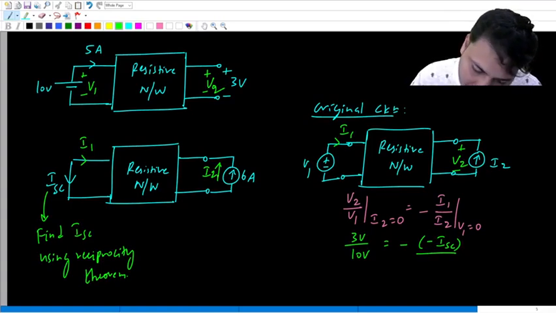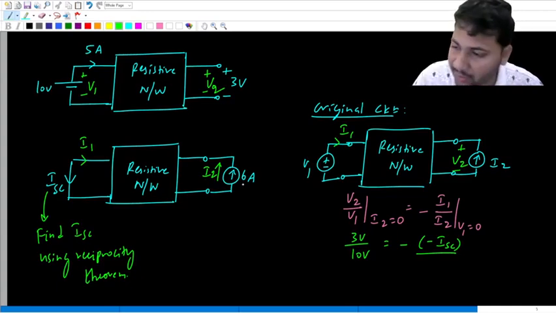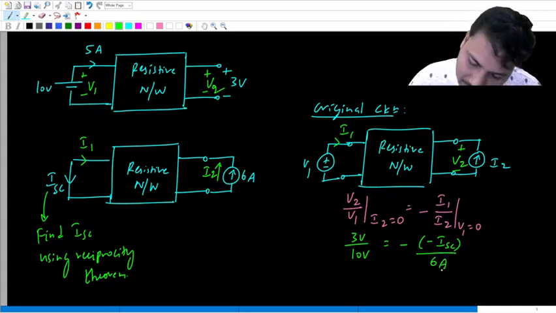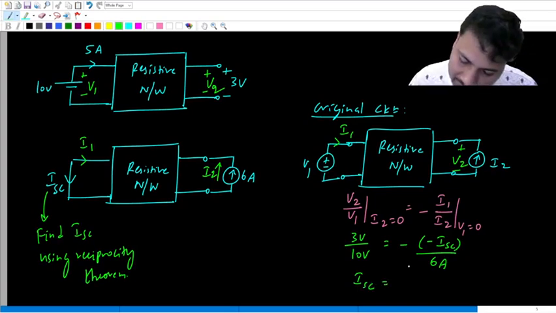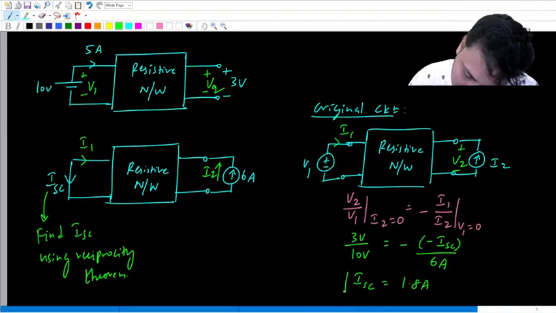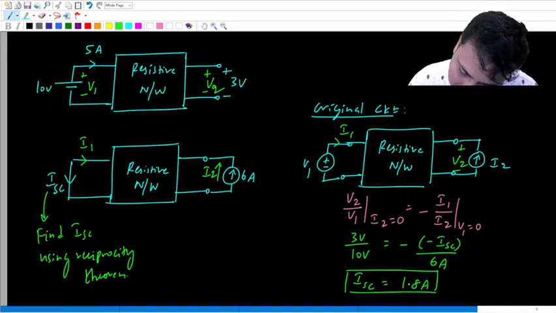This I2 is the same as the direction of 6 amps, so it is 6 amps. So 6 into 3. From here the value of ISC is 18 by 10, which is 1.8 amps.